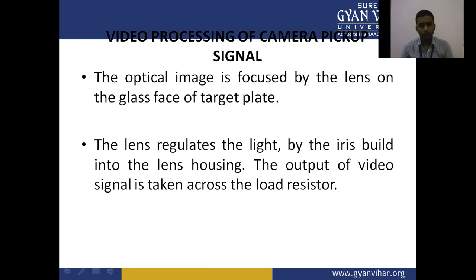The lens regulates the light by the iris built into the lens housing, and the output video signal is taken across the load resistance. So the image is converted into the electrical signal, producing the video signal, which is taken across the load resistor.